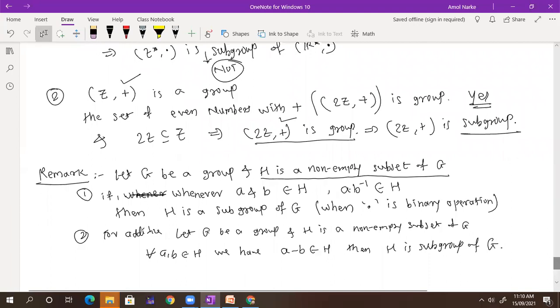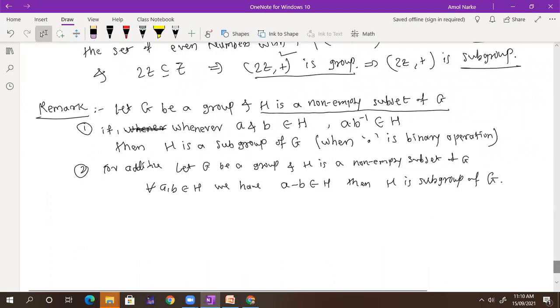So no need to check whether H is a group or not. Just check two conditions. The first condition is whether H is a non-empty subset. The second condition is whether A minus B, or A into its inverse, is a part of H or not. That's it.